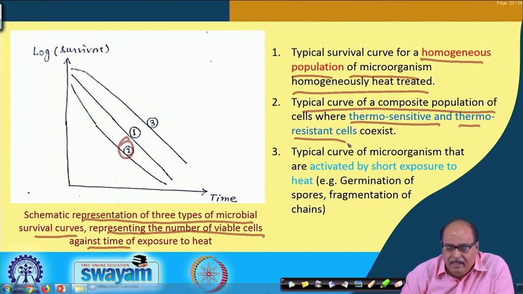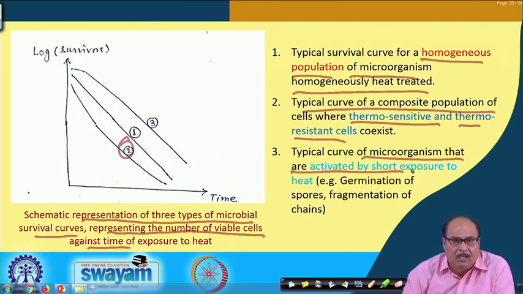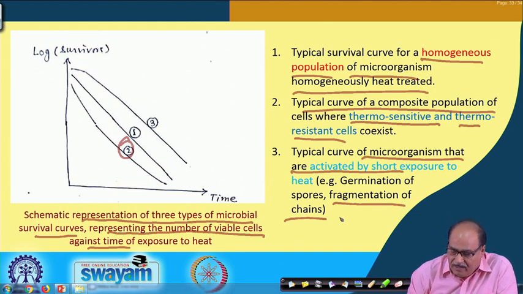The third line is the curve of microorganisms that are activated by short exposure to heat, like when the heat is given to the system, some of the spores might germinate, or there might be certain fragmentation of the microbial chains, and their number.